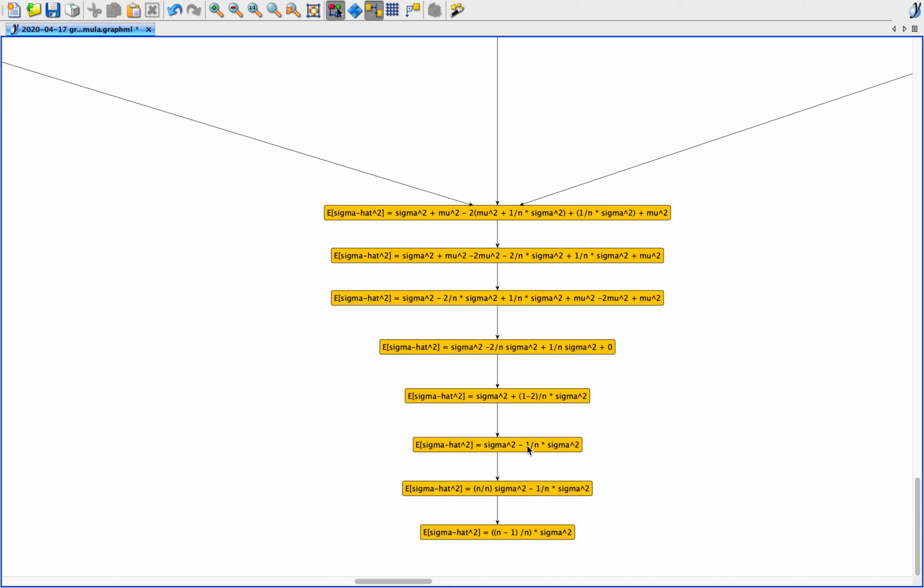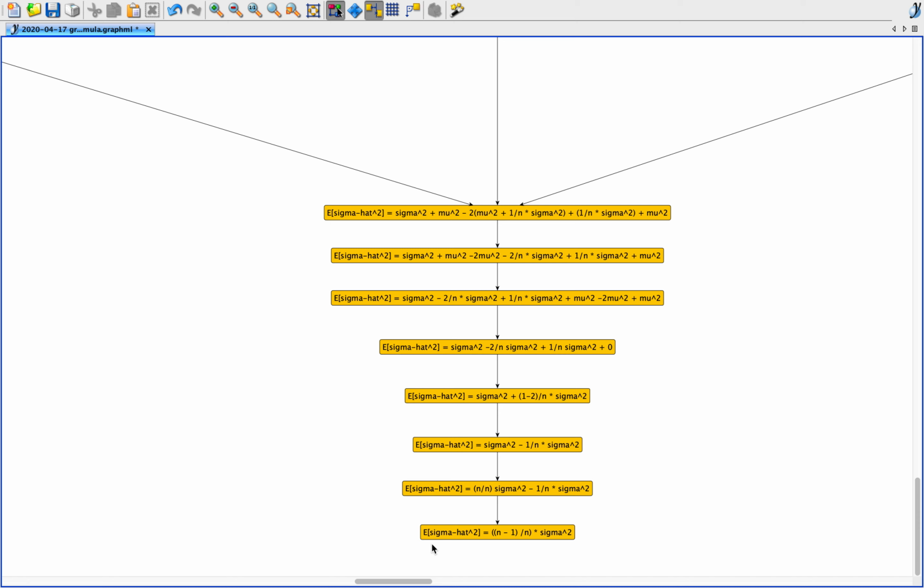One minus 2 is negative 1, so sigma squared minus 1 over n sigma squared. And we can treat that as n over n sigma squared minus 1 over n sigma squared.